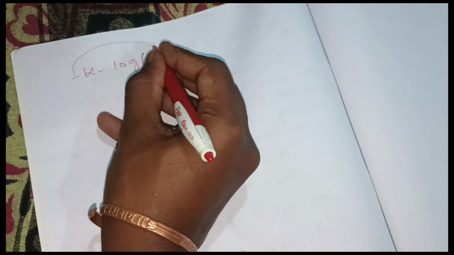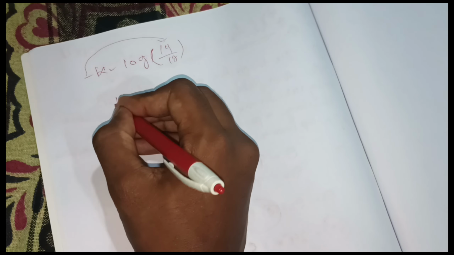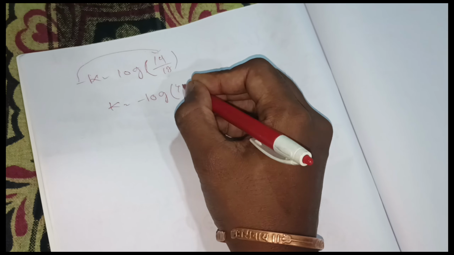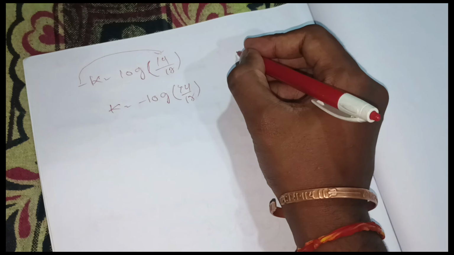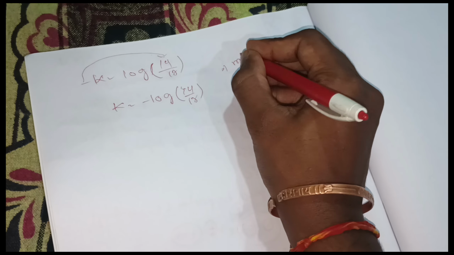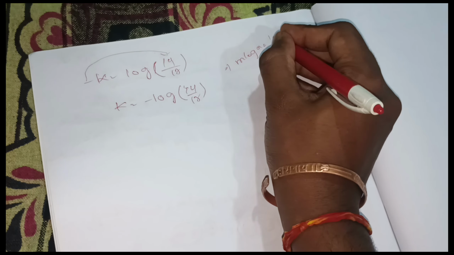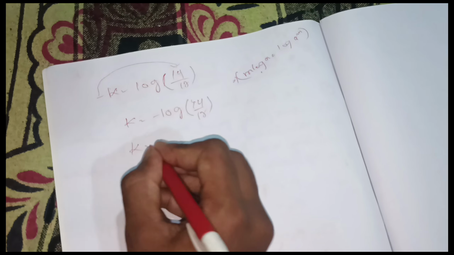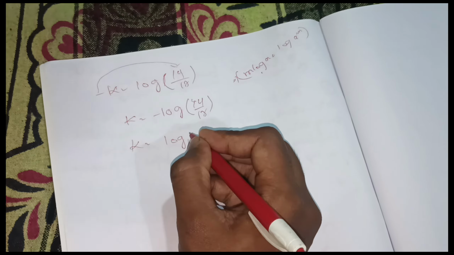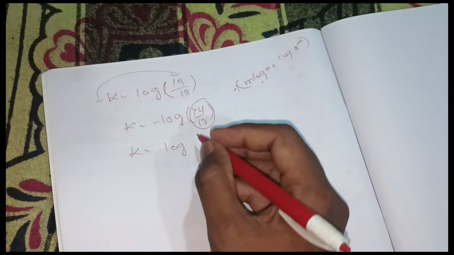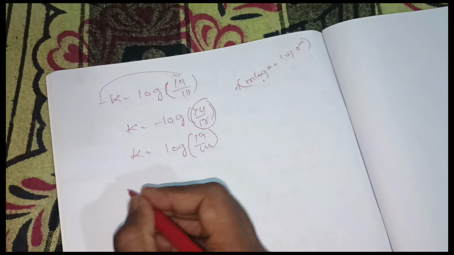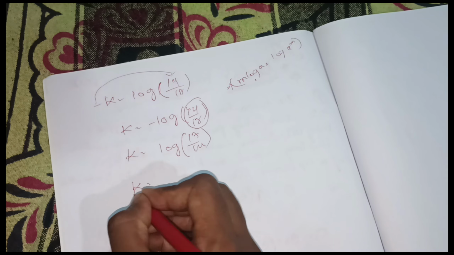This inverse makes k equal to minus log 14 by 17. You have the formula m log a equal to log a power m, and this formula you should use. K equal to log of the inverse, which will be 17 by 14. So this is the k value.